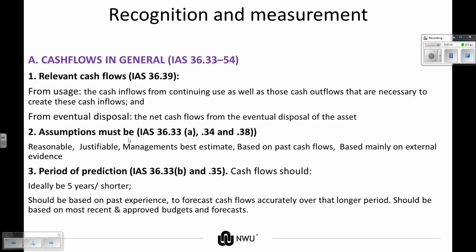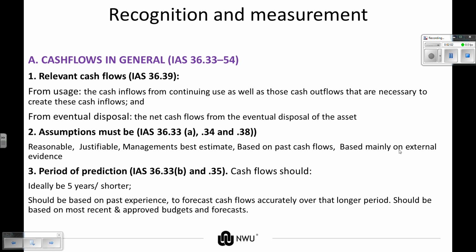So therefore management is making assumptions, and these assumptions should be reasonable, justifiable. It should be management best estimate, so not overly optimistic or pessimistic. It must be considerate of the past cash flows and the past accuracy.